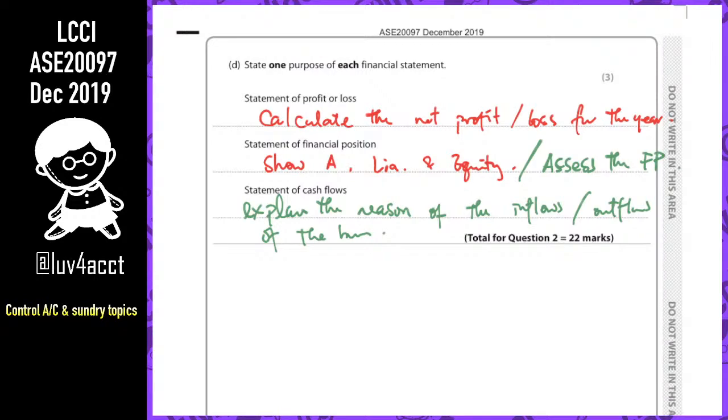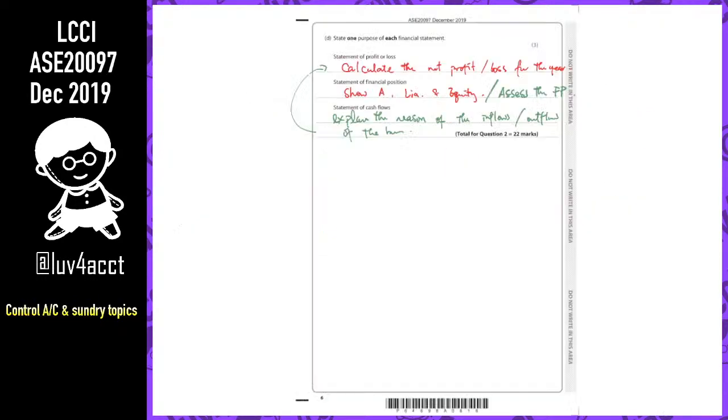You can also say it in another word, is to look at whether we have an increased or decreased cash and cash equivalent, the balance of cash and cash equivalent. We want to know how much is increased, how much is decreased. Just like here, we want to know how much profit or how much loss we have. So you can choose 22 marks here. It costs you much if you do not like to write these type of explanation questions.